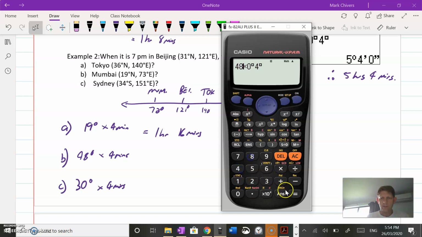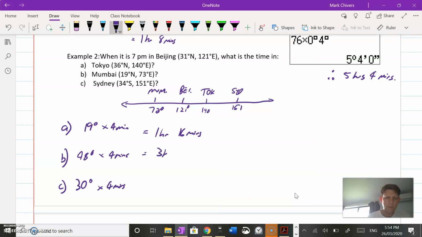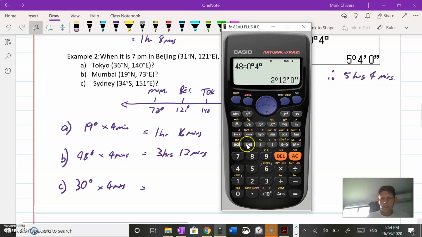So 48 for the second, so that's going to be 3 hours 12 minutes. And for Sydney, we'll go back up and change that 48 to a 30. And there we go, that's 2 hours.